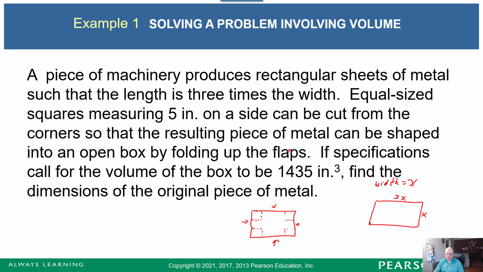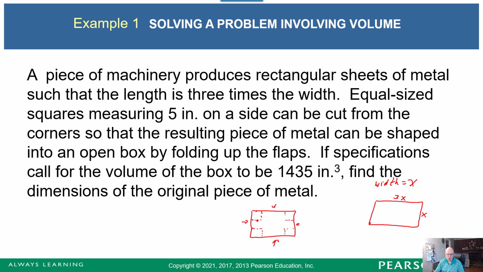Now, the specifications say that the volume of the box is supposed to be 1,435 cubic inches. You want to find the dimensions of the original piece of metal. So that's good. We started with x over here on the original, and we're going to make the box.